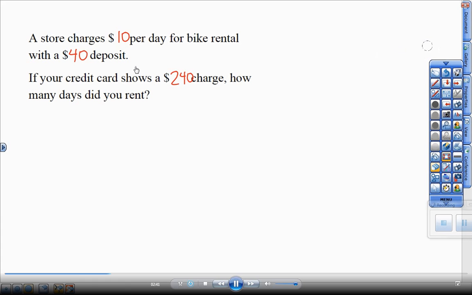First one, $10 per day. That means I'm going to take $10 times the unknown amount of days. I'm going to use x. So 10 times the number of unknown days, 10x, plus that 40 equals the $240 charge.